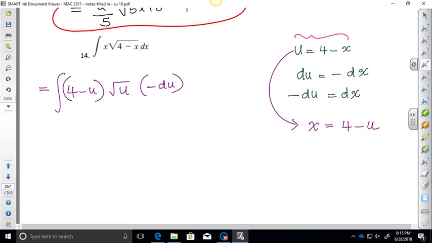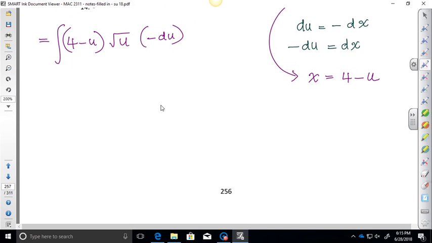I can multiply. So I'm going to have the integral of negative 4 square root of u, then plus, what is u times square root of u? I'm distributing like this. u to the 3/2.